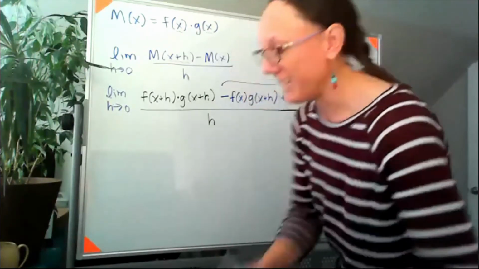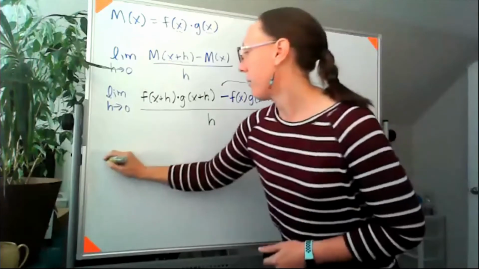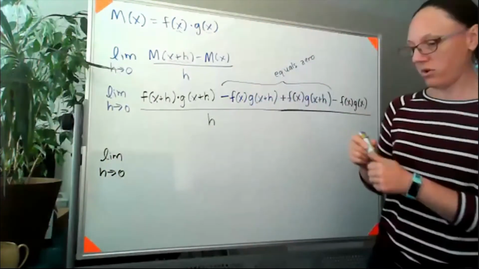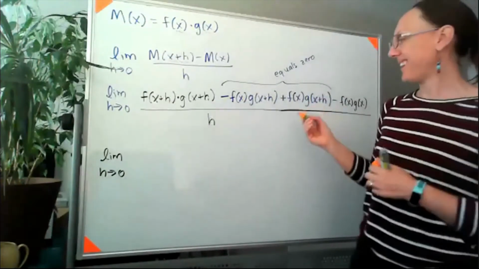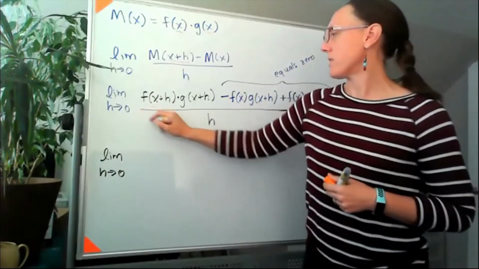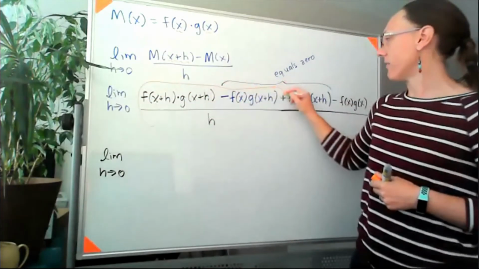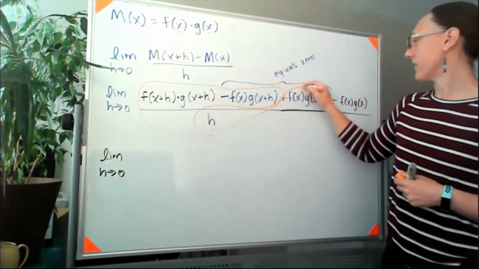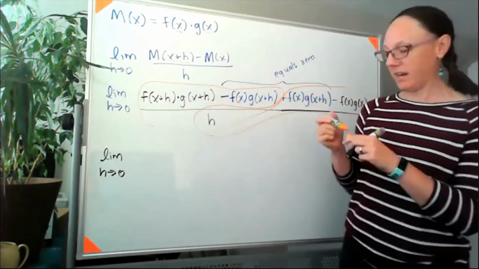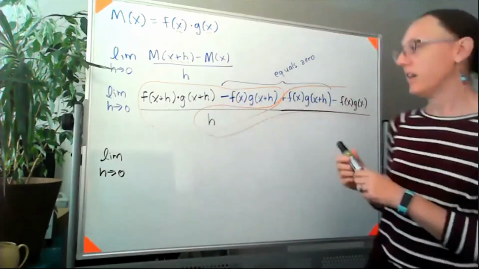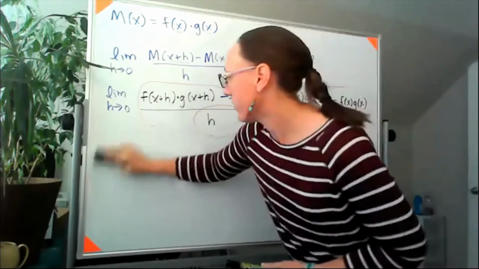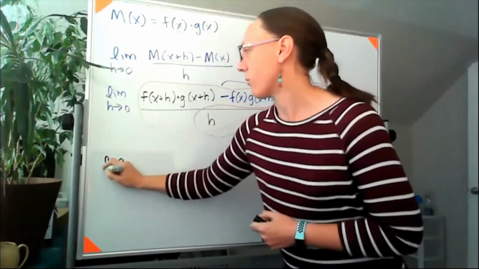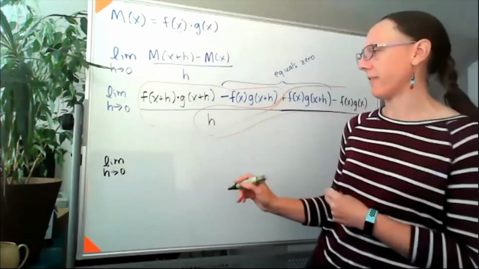So what the mathematician did next, kept that limit as h approaches 0, but grouped this part of it together and this part of it together. And in the end, what that looks like is on the top over here, hold on, I think I'm going to have enough space, we'll see. Might have to start writing smaller. I'm not very good at that.